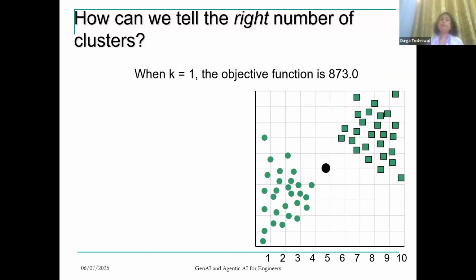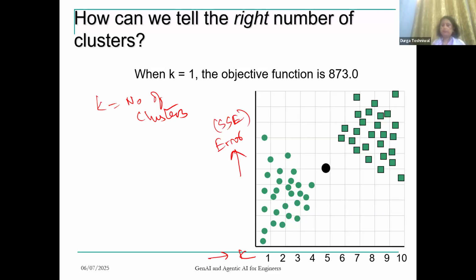If we need to decide, then what we will do is, let's say K represents the number of clusters, we draw a graph of K versus the objective function, which could be the error. Mostly it is the sum of squared errors, right?